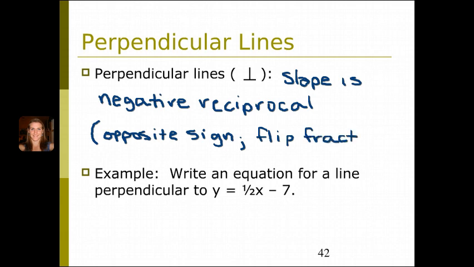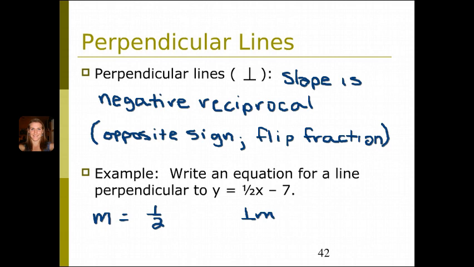Now I know that that doesn't make much sense right now, so let's actually show you what we mean. They want us to write an equation for a line perpendicular to y equals 1/2 x minus 7. All right, so here's what we're going to do. Right now they gave us a slope of 1/2. My perpendicular slope, and this is how you would write it, you would make your perpendicular symbol and then put m after it.